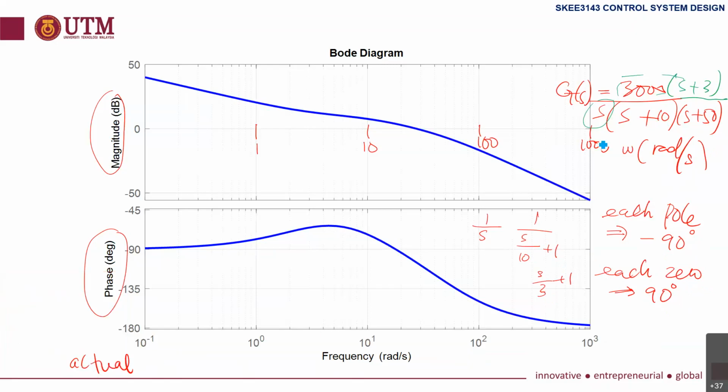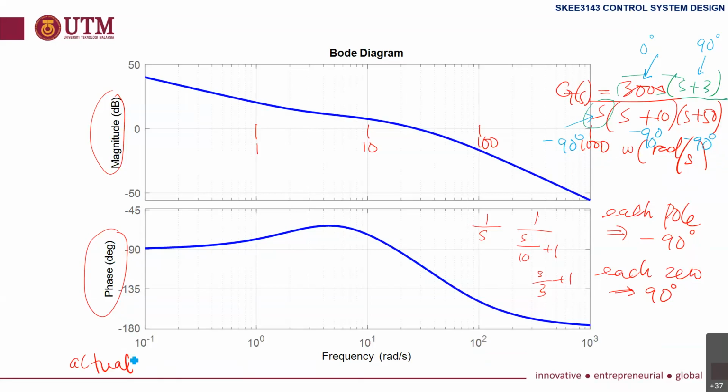Therefore, in this equation, K always contributes 0 degrees. At the end, the zero goes to 90 degrees, and each 1 over s will be minus 90 degrees, three times. So if we total up, it will be 90 minus 270 degrees, which is minus 180 degrees.